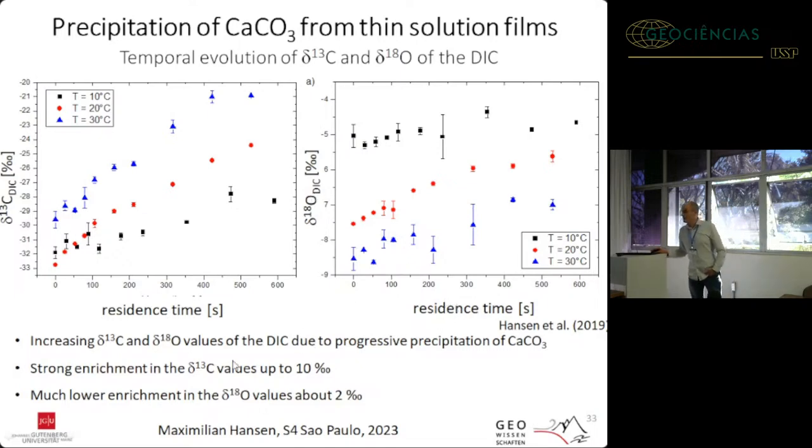What we observed was a strong increase in delta 13C values, an enrichment over the residence time of up to 10 per mil for the high temperatures, and the enrichment in the delta 18O values is only up to 2 per mil. But it's still a strong isotope effect, right?